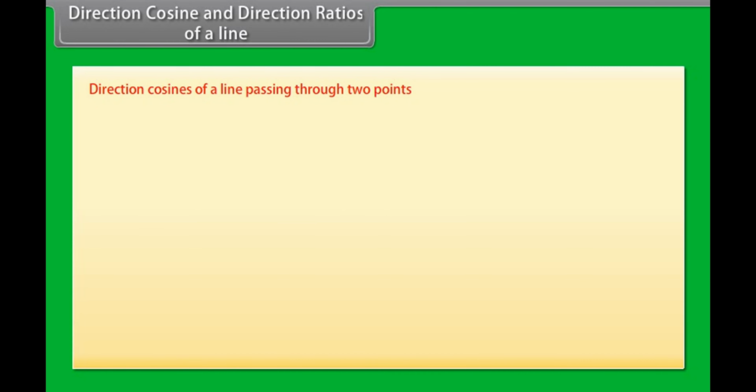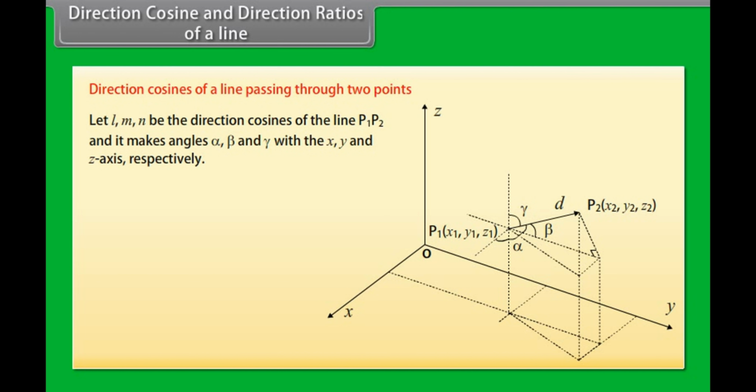Direction cosines of a line passing through 2 points. Let L, M, N be the direction cosines of the line P1P2, and it makes angles alpha, beta, and gamma with the x, y, and z axis respectively.